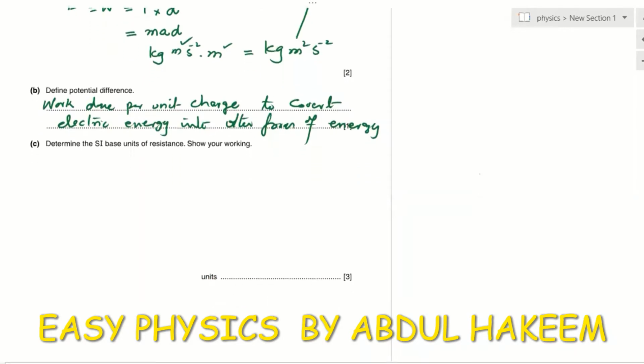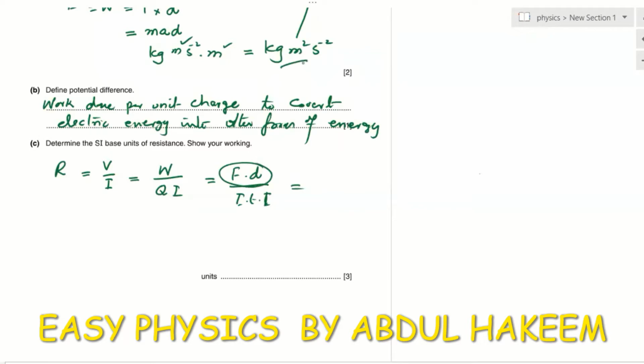Next, determine the SI base unit of the resistance, show your working. So the resistance, according to Ohm's law, V is equal to IR, R is equal to V over I. And this V, potential, is the work done per unit charge, into current. The work is F into d. Charge is I t, and into I. Now this F into d, we have done this.